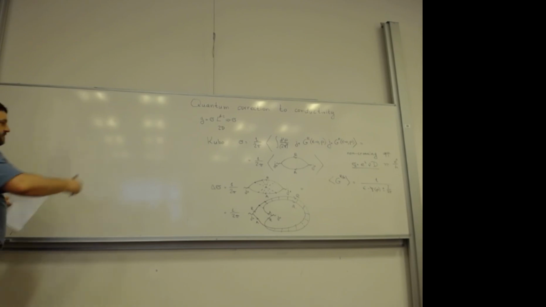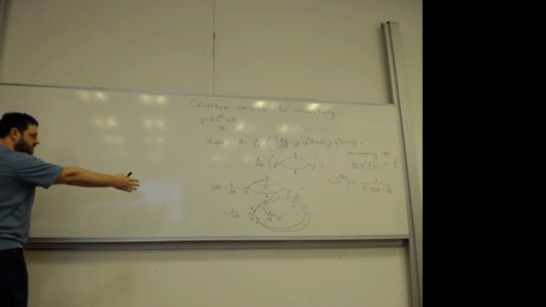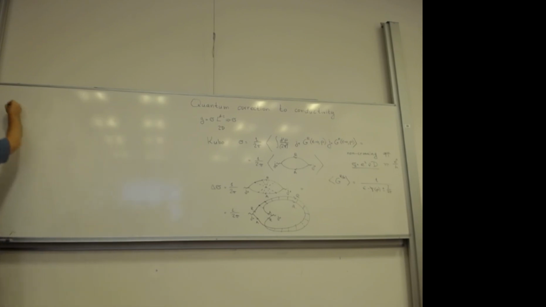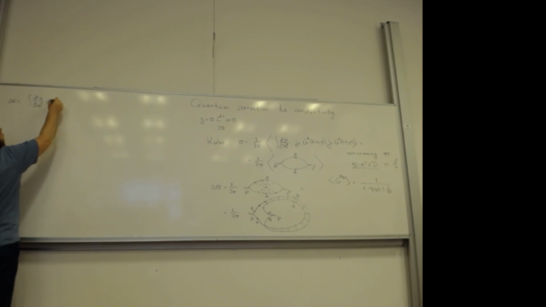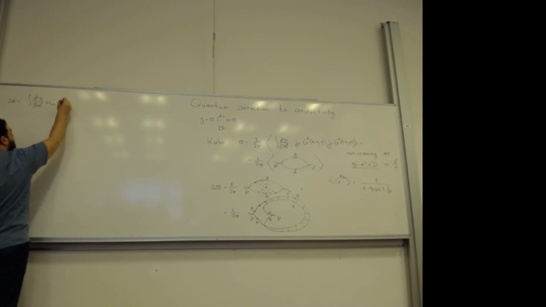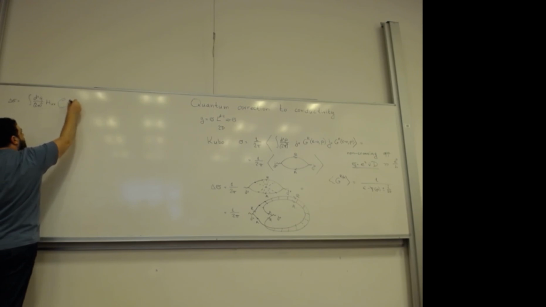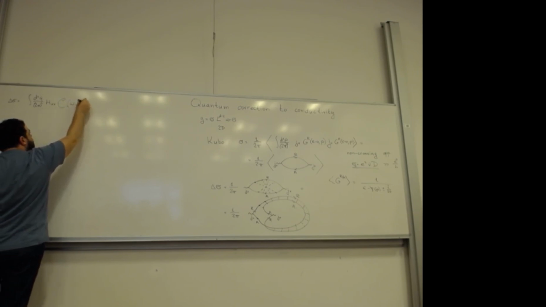Correction of conductivity, which is very convenient right here: delta sigma equals the integral over two-dimensional momentum q over 2 pi squared, times h_xx, which is just a number, so we can put it out of the integral, times Cooperon of omega equal to 0 and of q.